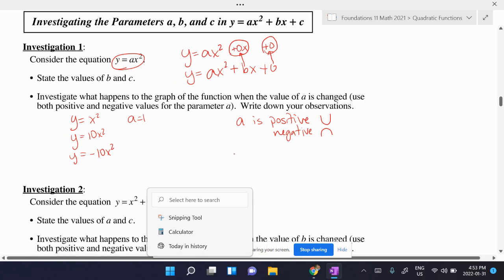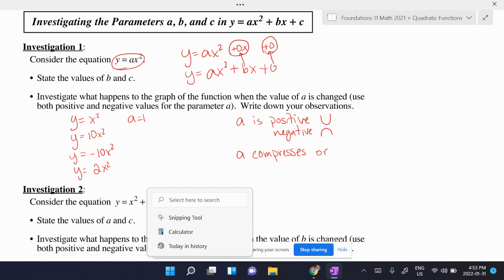Another thing you hopefully noticed is, let's say you tried 2x squared, as a changes, it compresses or stretches.